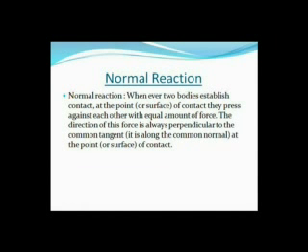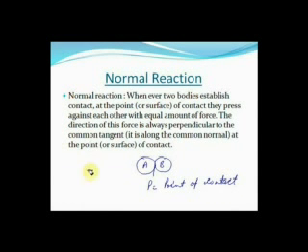Suppose we have two balls, ball A, and we have another ball, ball B, which is touching ball A at some point. Let's say this point is B, which is our point of contact. Since ball A and ball B are touching each other, they will exert a normal force on each other.